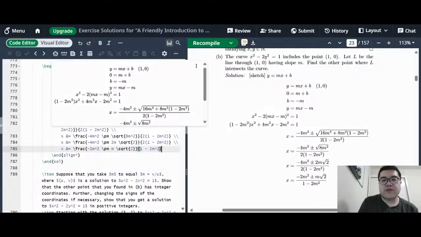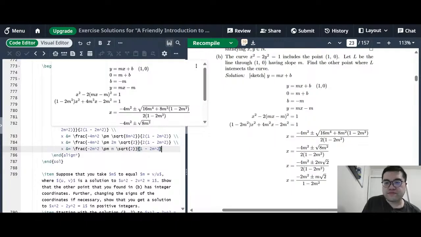Why m cannot be equal to 1 over square root of 2 and negative 1 over square root of 2. Otherwise, we will not be able to find the second point here. Okay, so we just end up with something like this. Again, this m is actually not a fixed slope for us in this case.